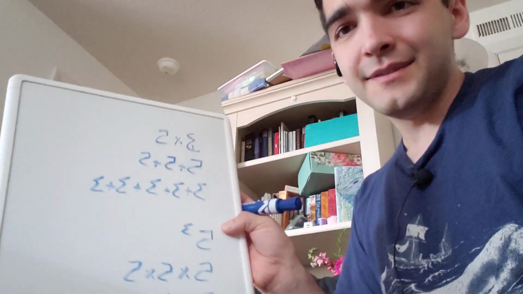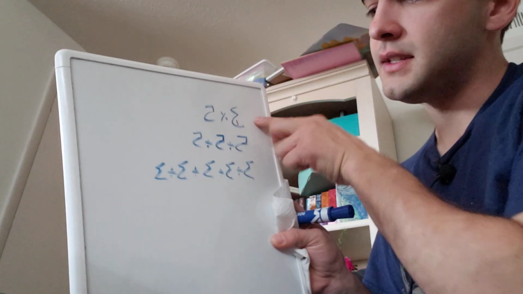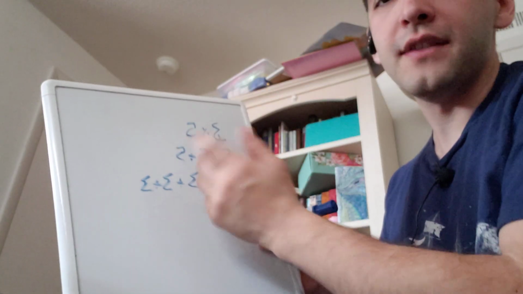So because of that, we get really interesting things when we try to do the opposite of exponents. So with multiplication, because 3 times 5 is the same as 5 times 3, it doesn't matter which order you have it in.